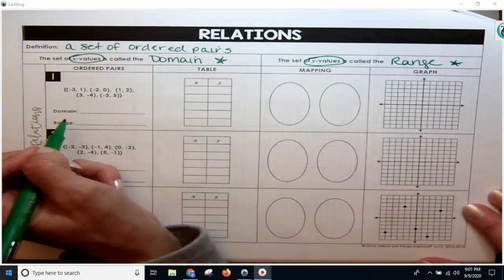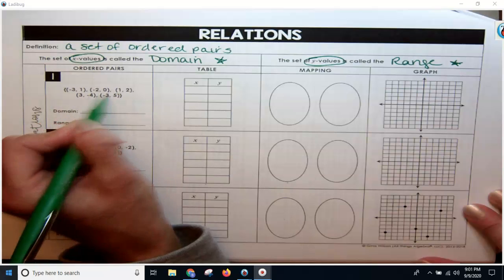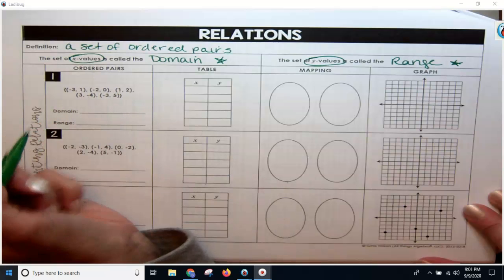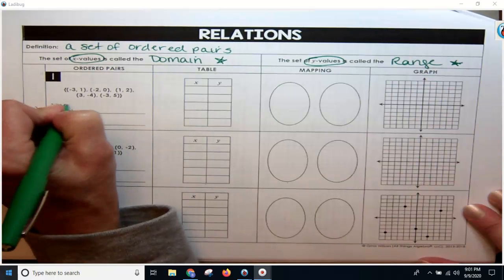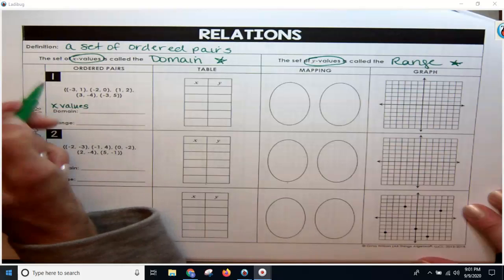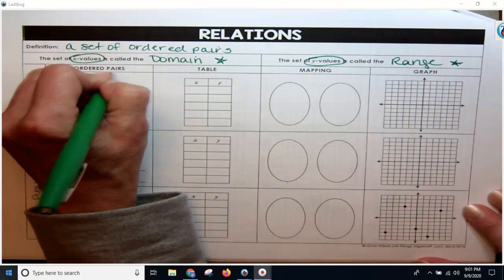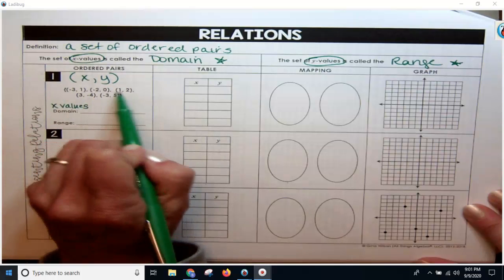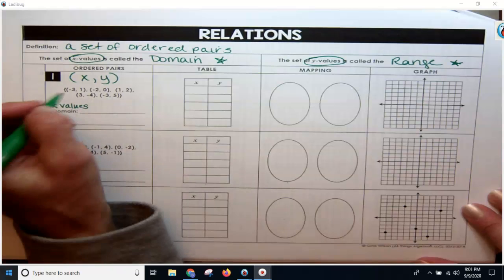All right, so in this situation, we've got 1, 2, 3, 4, 5 sets of ordered pairs. What is the domain? Well, these are my x values. We know that in an ordered pair, it's x comma y. So I'm going to just look at all of the first numbers of this relation.